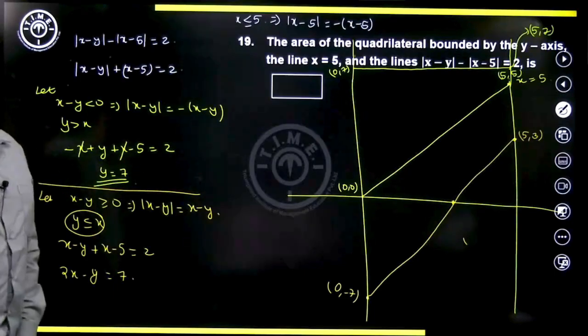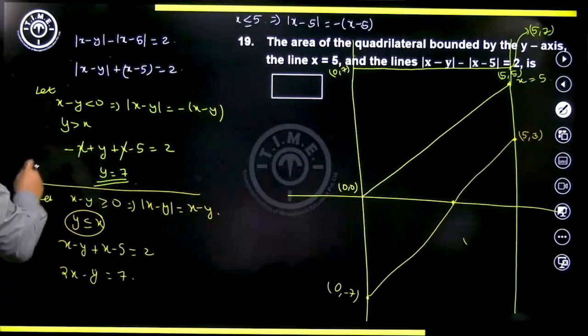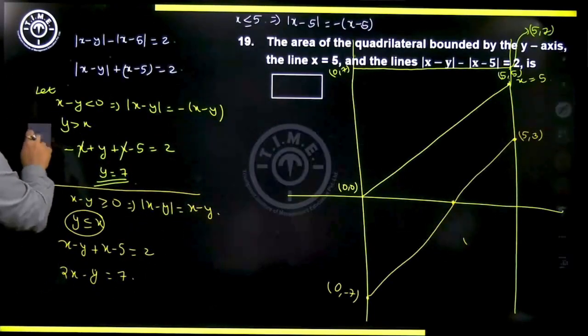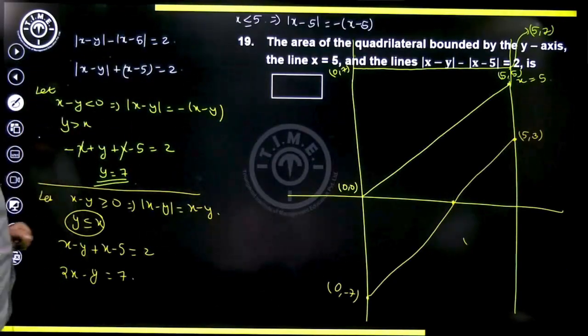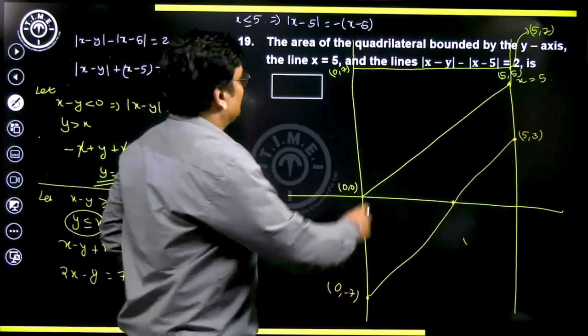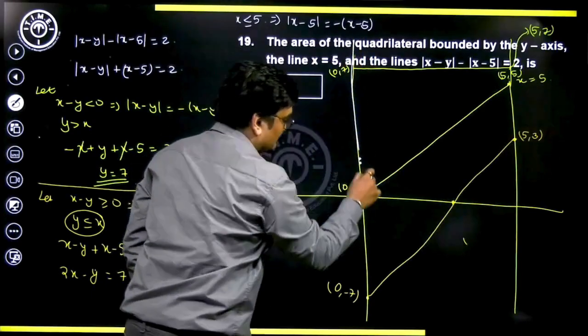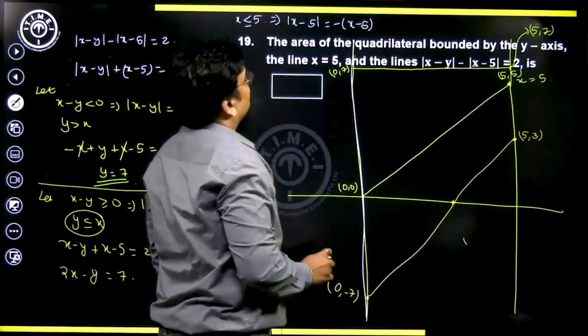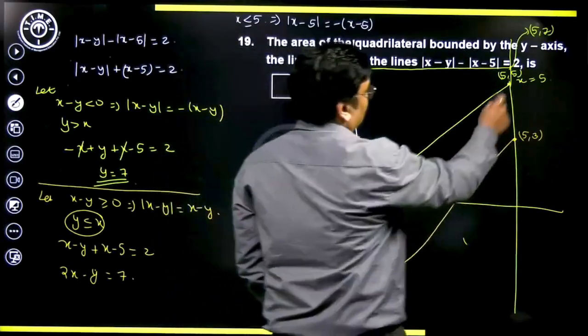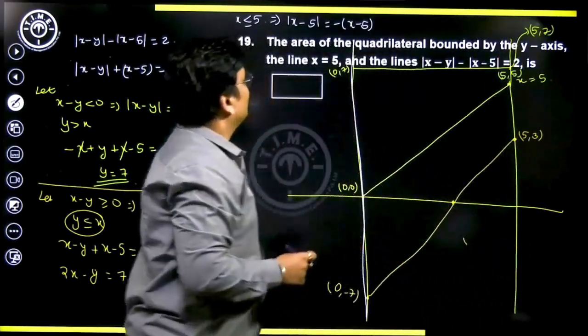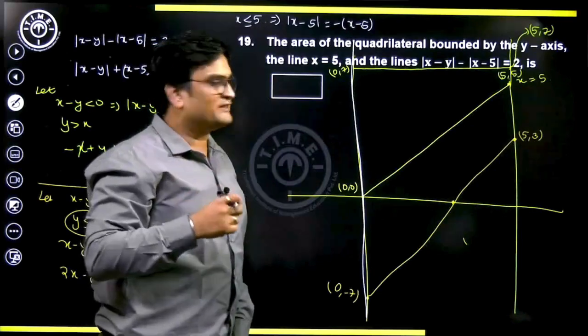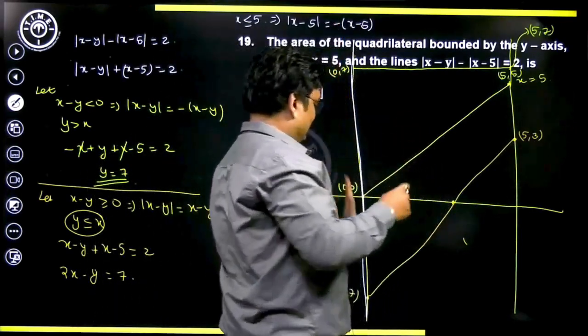The area of the quadrilateral. Now please identify a quadrilateral there. I'll just help you out. Bound by y-axis, so y-axis is one end. X equal to 5, that's the other end. And the lines. On the left, this is the boundary.